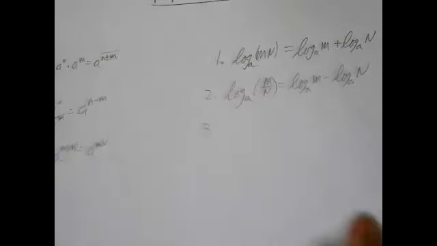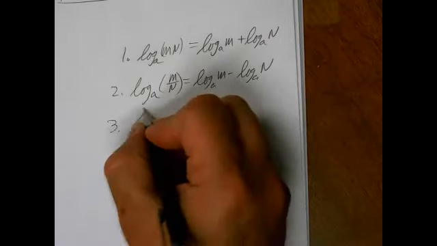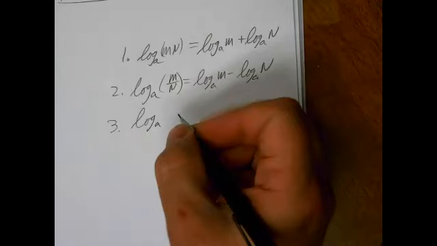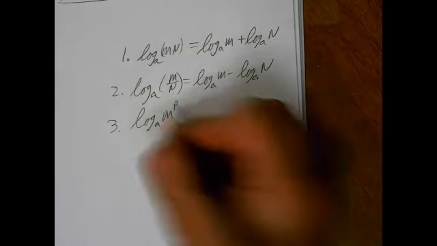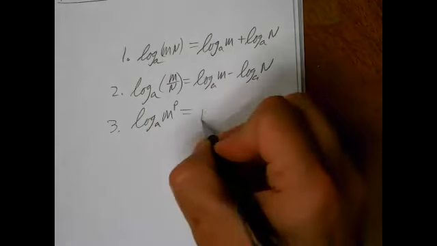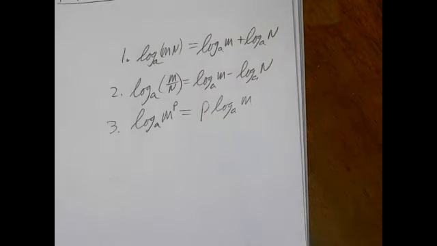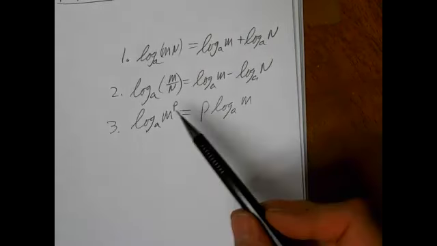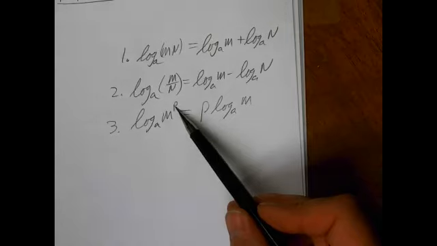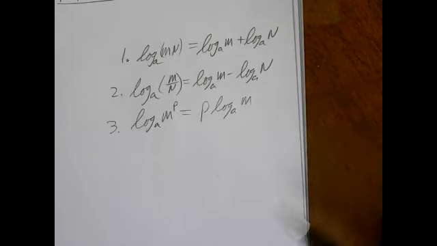So the law that corresponds to that is the one that says log base a of m to the power p is equal to p times the log base a of m. In other words, an exponent that is inside the log function can move out front and become a constant, or for that matter, a constant that's out front can move up and become an exponent.